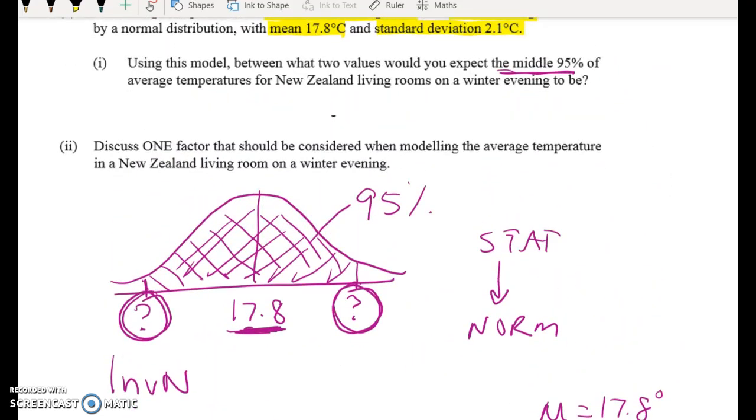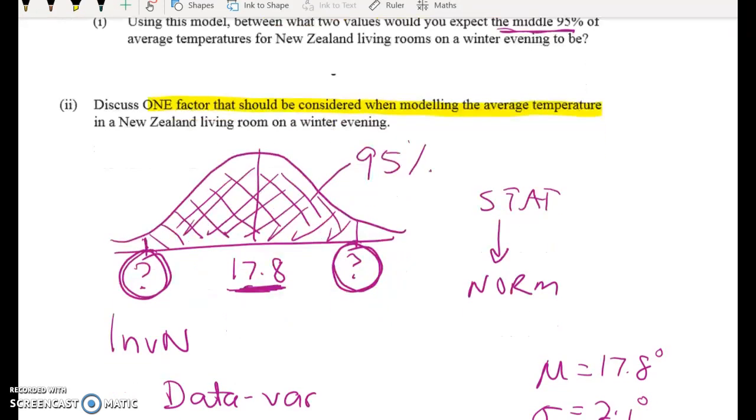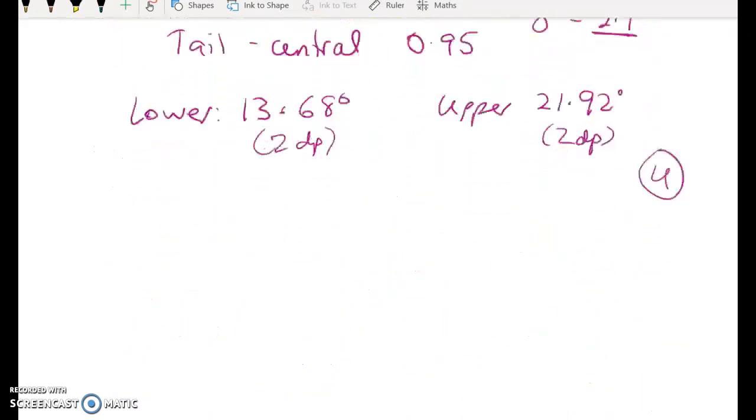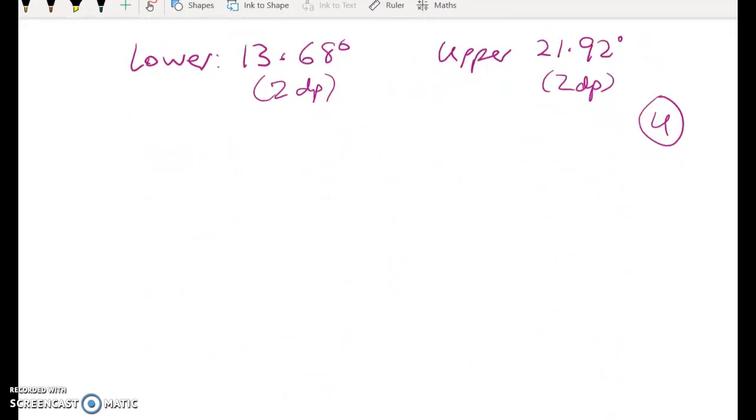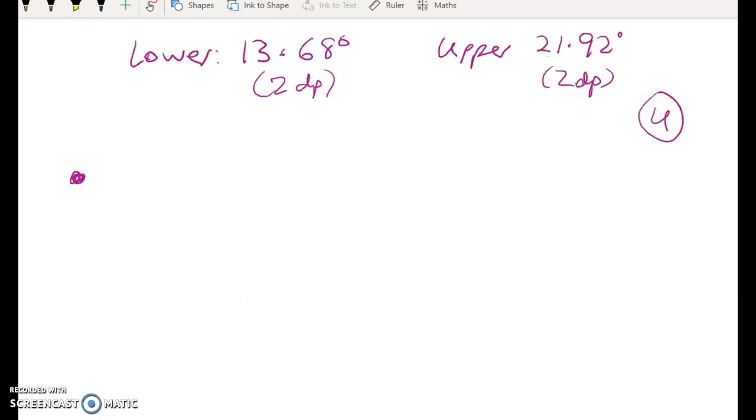Next, we have to discuss one factor that should be considered when modelling the average temperature. Here you need to show that you understand real life. So let's think about some things that could affect our model. Don't say that it depends on the season because we've been told that it's in winter. But a big difference is where in New Zealand.